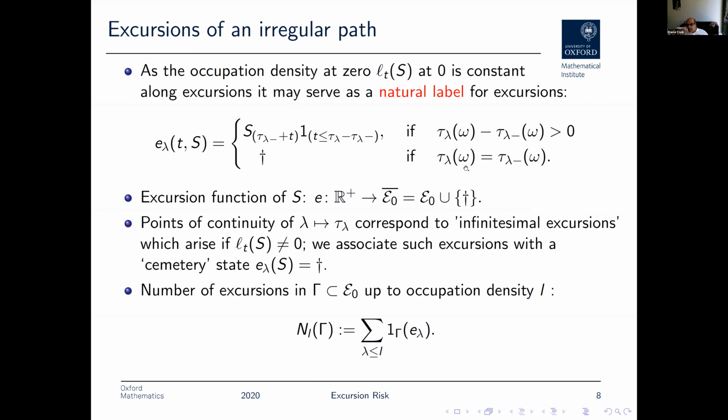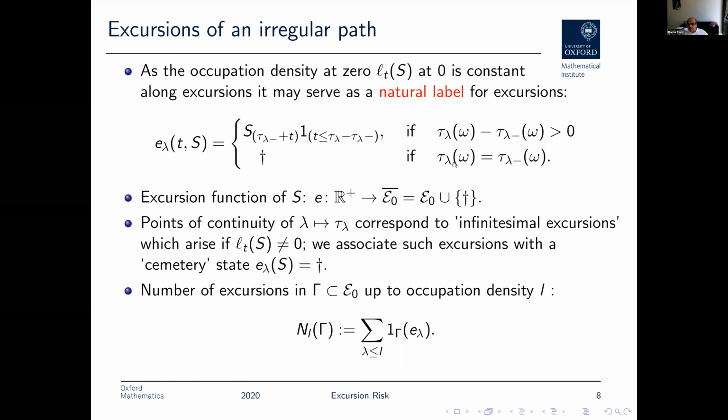Now, the only thing that can happen with the irregular path is that you can have these funny infinitesimal excursions. So think of a Brownian function. It can oscillate around the zero. It can wiggle around the zero, but not go away from zero. So during this time the occupation density increases, but it's not going to be a real excursion because it's not going to go away from zero.